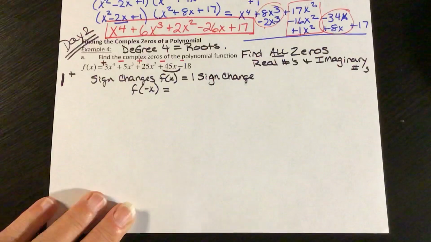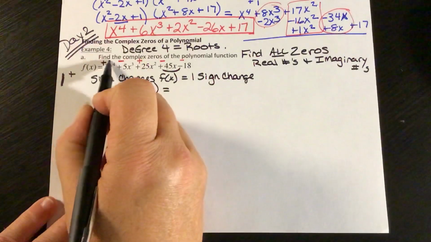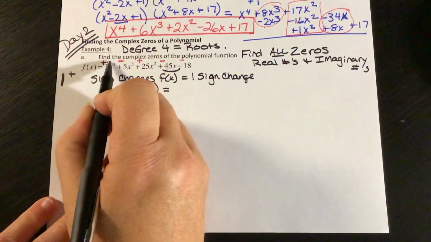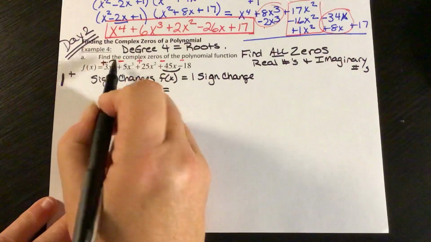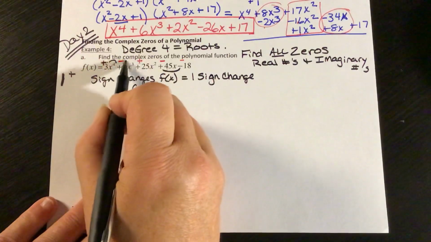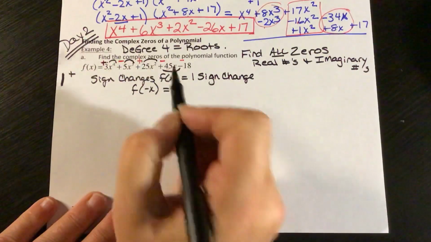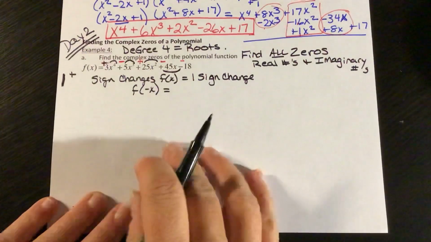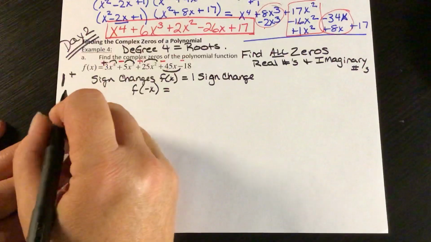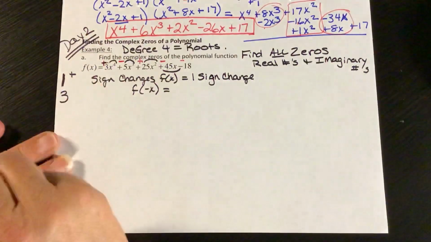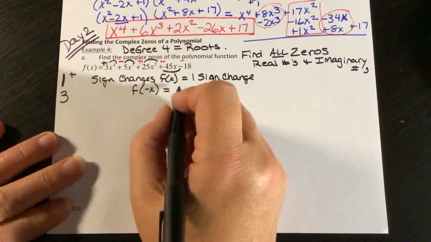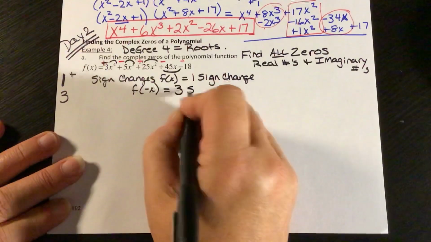So now if I look at my sign changes, I have positive to negative, so here's 1. A negative to positive, here's another one. Positive to negative, here's another one, and then negative, negative. So this tells me f of negative x has 3 sign changes.